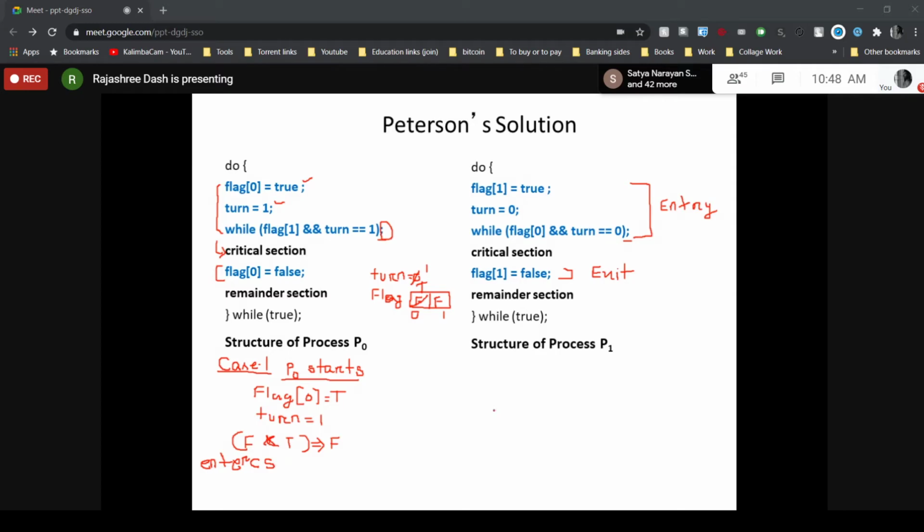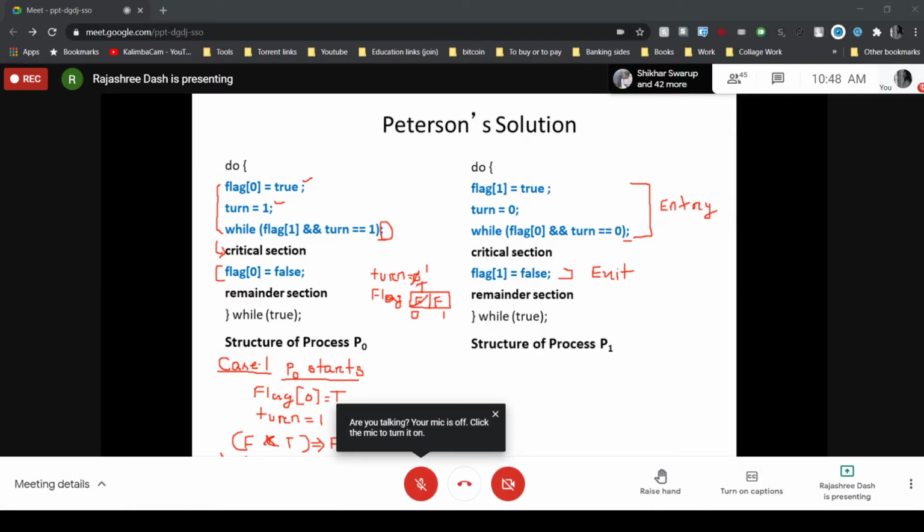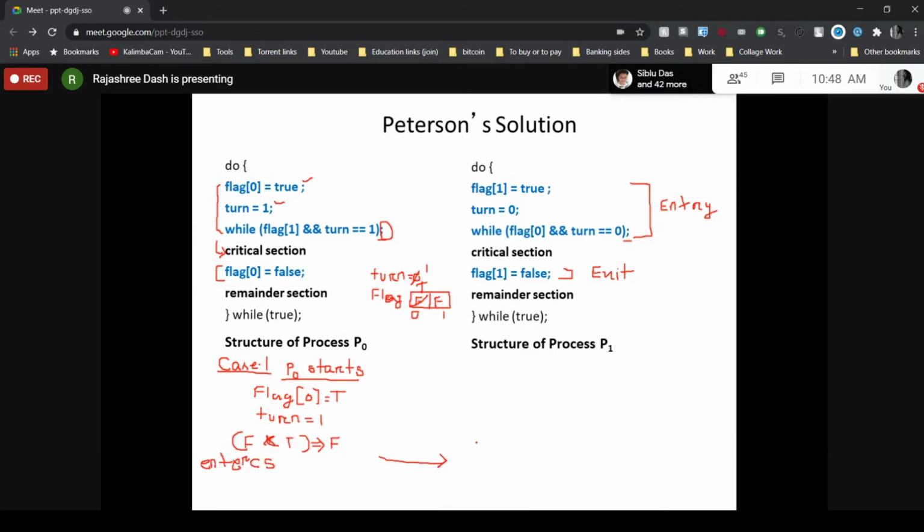While P0 is executing in its critical section, let P1 start.